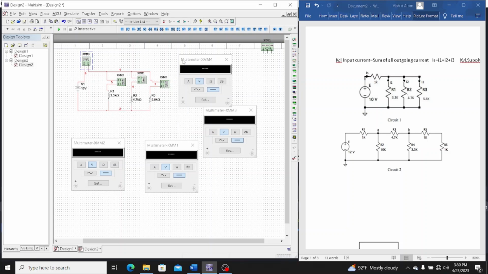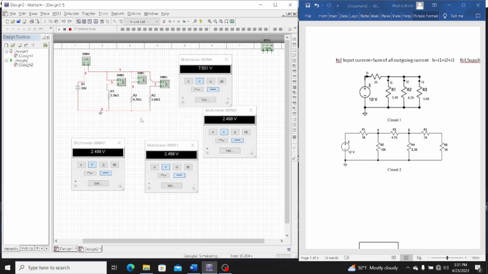Here we need to get a ground. Then I am going to run it, and all the values are shown in the display. So this is I1, this is I2, this is I3, and all the values are 2.49, 2.49, 2.49.